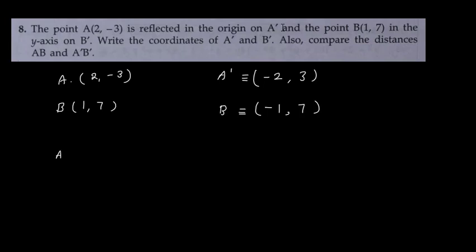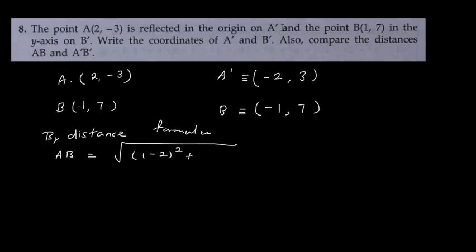Now distance AB, I will find by the distance formula. So by the distance formula, this distance AB is equal to the root of 1 minus 2 the whole square, plus 7 plus 3 the whole square. So 1 minus 2 is minus 1, minus 1 square is plus 1, 7 plus 3 is 10, 10 square is 100. So this is root of 101.